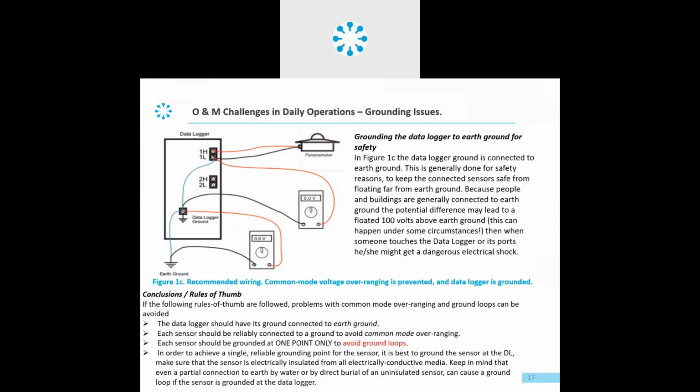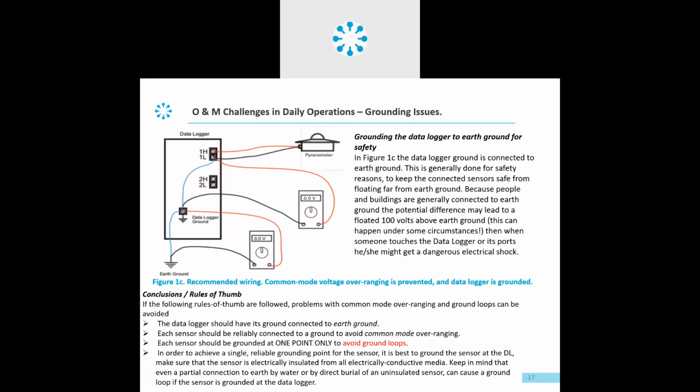For this, we have to ground the sensors to the data logger, and then the data logger to a physical ground. This could be the DC ground specifically. And when you look at the voltages between the data logger ground and the real ground, it's 0. Between the sensors and the data logger ground, it's 0, which means it's a perfect wiring example of field devices with the data logger, which can work for years and years safely and accurately.